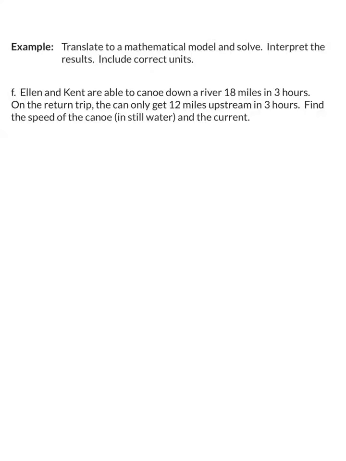So we have built our fence, we've built our house, and now we get to enjoy our property. What we have is Ellen and Kent are going to canoe down a river 18 miles in 3 hours. And on the return trip, they can only get 12 miles upstream in 3 hours.